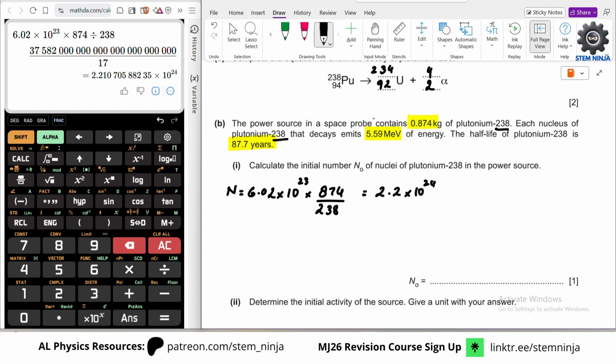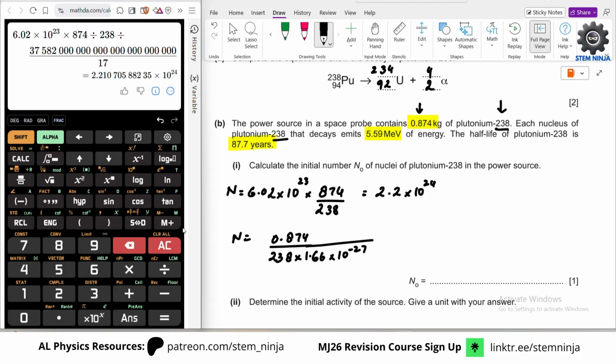Now let's try another method. What if we divide the total mass by the mass of 238 atomic mass units? So 0.874 divided by 238 u, which is 1.66 times 10 raised to power minus 27.